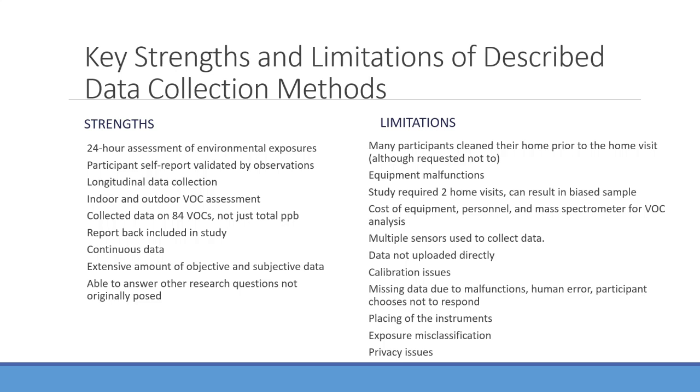The cost of the equipment and the cost of the personnel to manage all this is extremely expensive. And how do you manage that? Do you use multiple sensors? Some use specific sensors that are more sensitive to that, but then you've got more sensors to deal with. Or do you use just one sensor that collects multiple types of data?